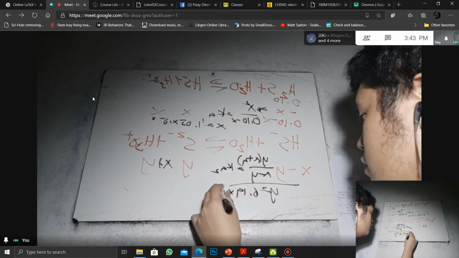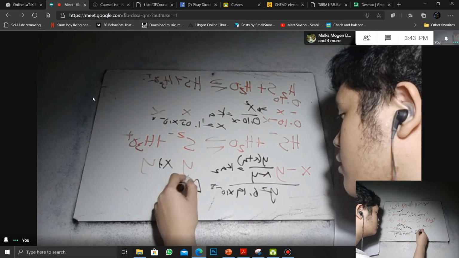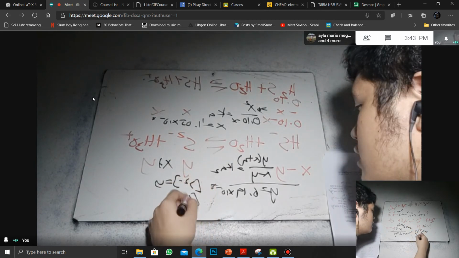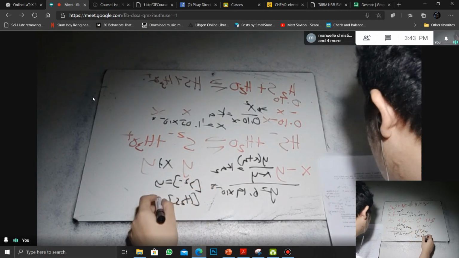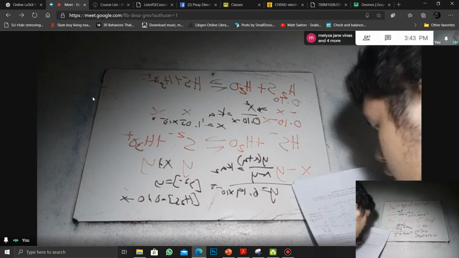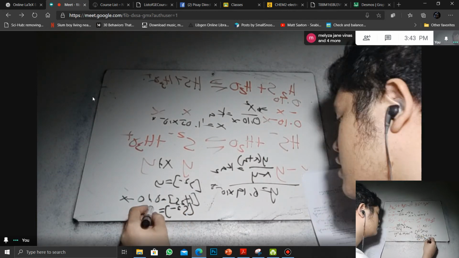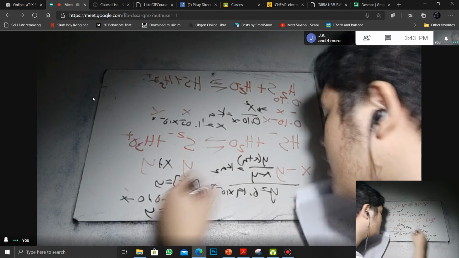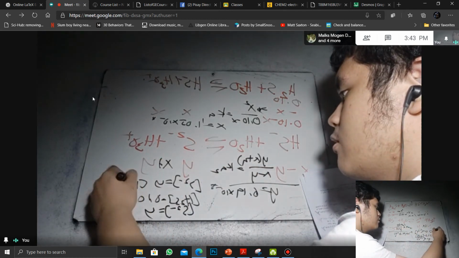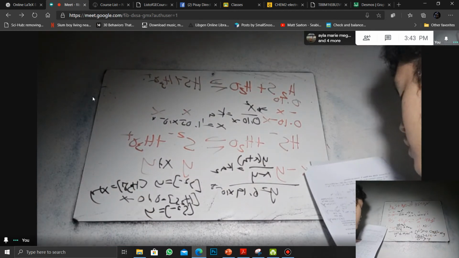So, as we can see here, S2 minus equals y, H2S equals 0.10 minus x. Substitute na lang yung mga value, no? H3O equals x plus y, OH minus, ayan, okay yan.